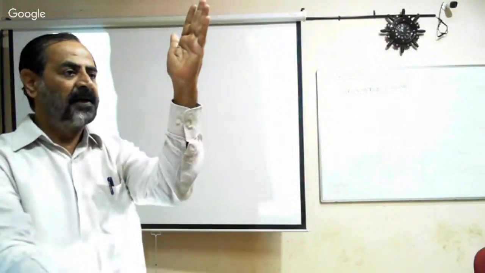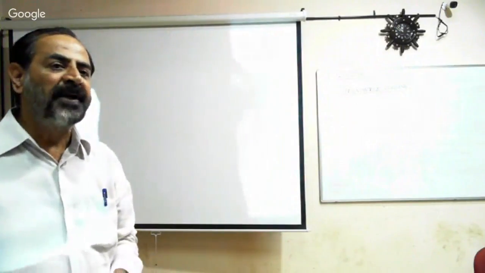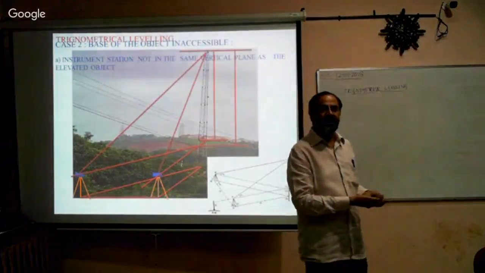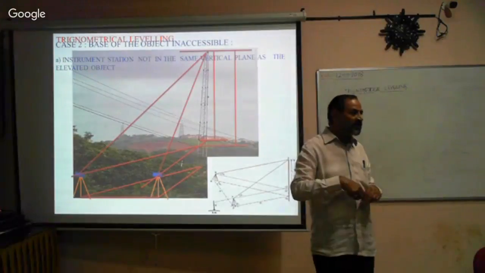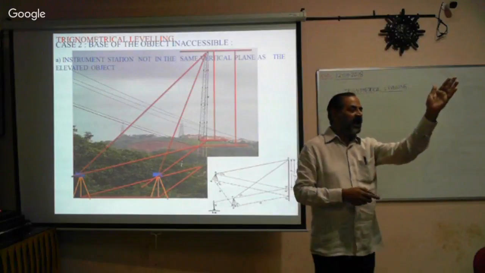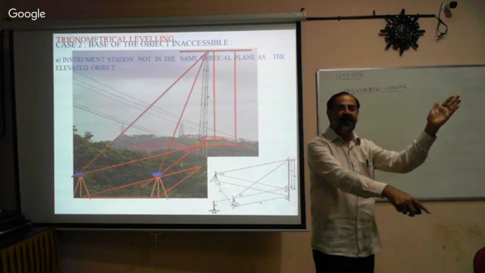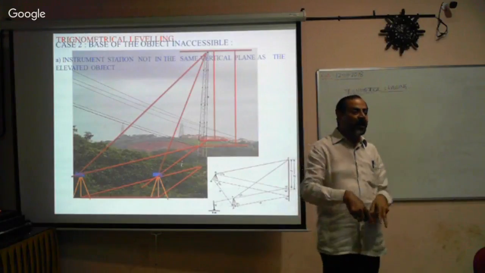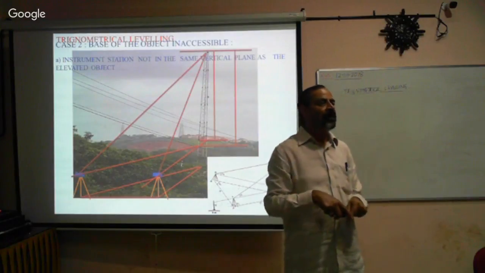Then move the instrument to the second station and repeat the process. Measure the vertical angle alpha 2 and the horizontal angle again. There are two horizontal angles now.